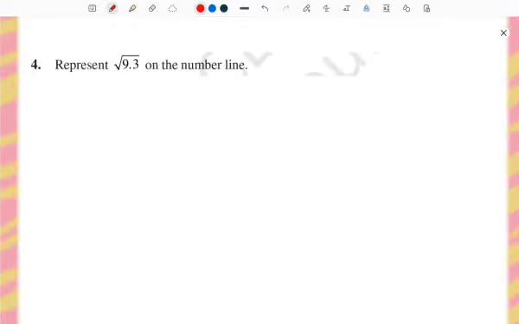Represent root 9.3 on the number line. I'll tell you the rough way in which we'll do it, and then we are going to do it with proper measurements. We are going to draw a line segment of 9.3 centimeters. Mark this as AB. Then what are we going to do?